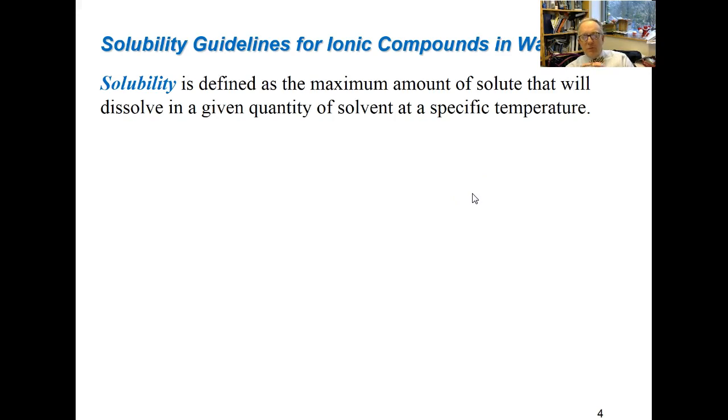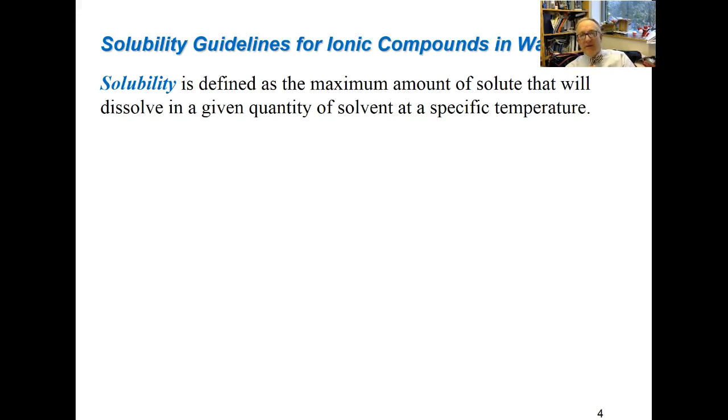So what we're going to need to be able to do is predict, when we mix two solutions together, whether a reaction will take place, whether or not a precipitate will form. So solubility is defined as the maximum amount of solute that will dissolve in a given quantity of solvent at a specific temperature.